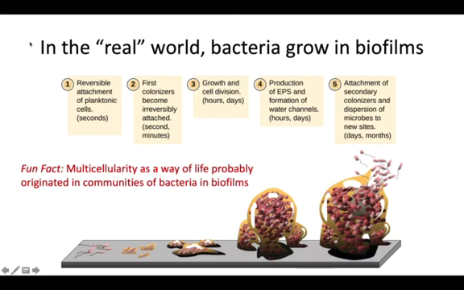Okay, now in the real world, bacteria don't usually grow by themselves. What they end up doing is growing in populations or communities which are known as biofilms. So, how that works is you've got one or several cells of free bacteria.